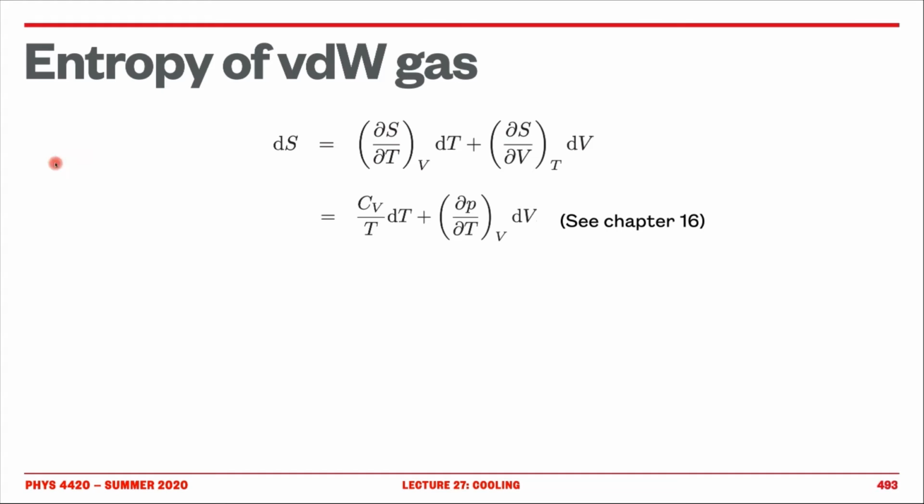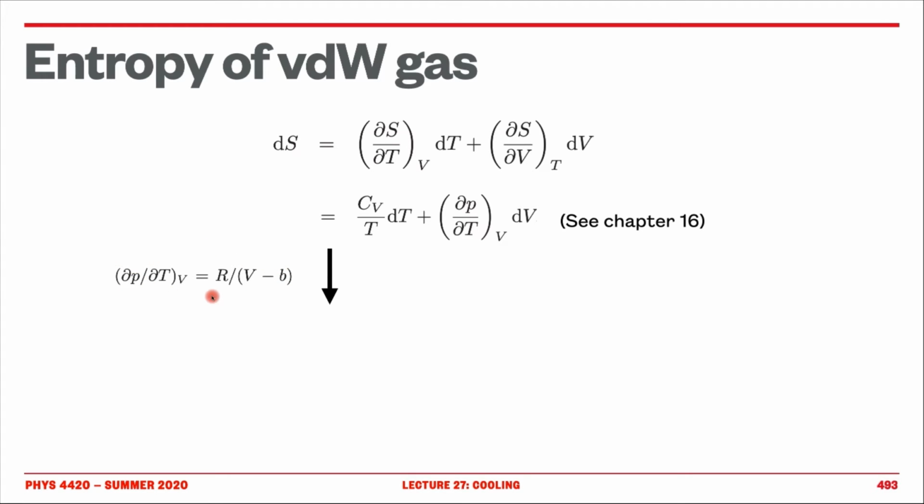Once more, we can make the changes using what we did in chapter 16, the chapter on entropy, where we mostly used the Maxwell relations. We can now calculate this entropy using the specific equation for the van der Waals gas.